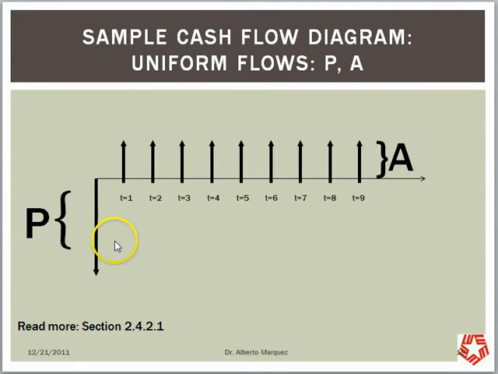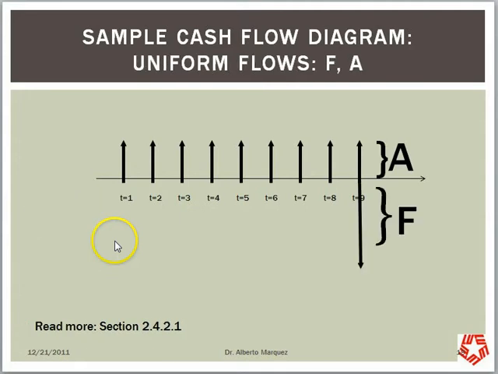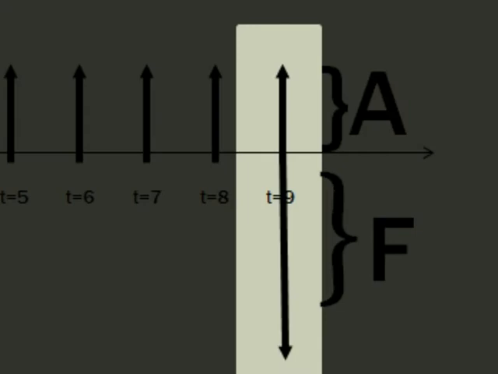Just like we have these, we also have a relation between the annuities and the future value. Notice that in this example and in every case, when we are using the formulas that relate annuities and future values, the last annuity happens at the same time that the future value is being computed.